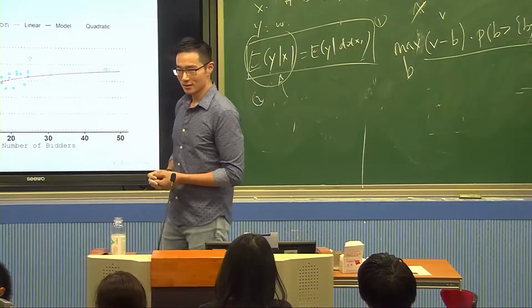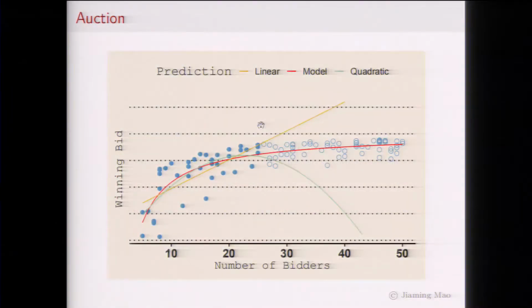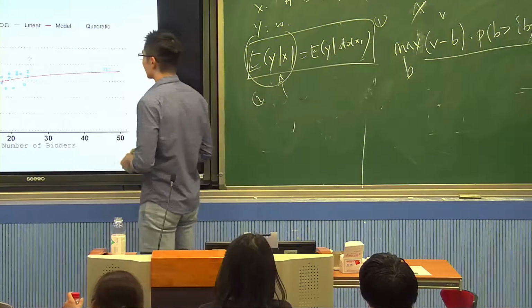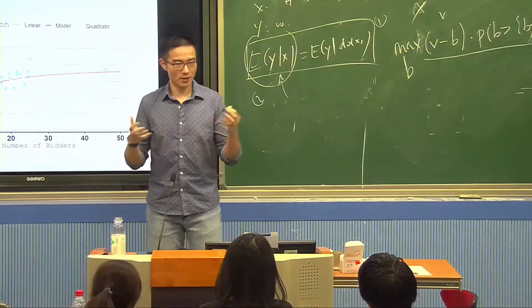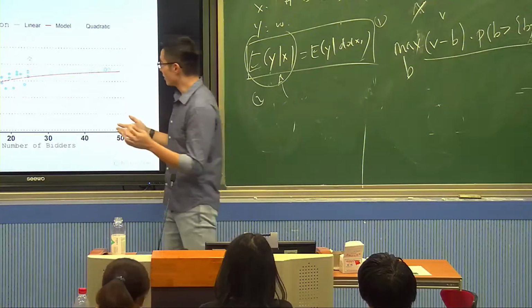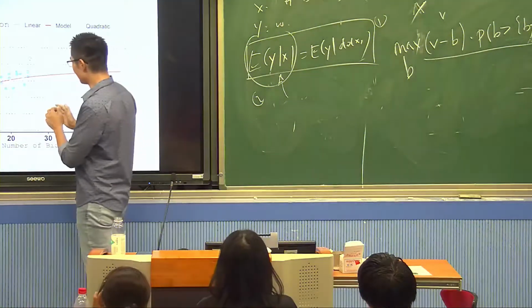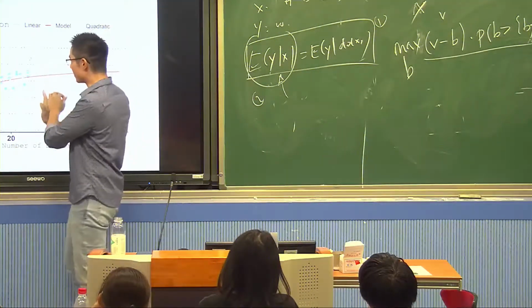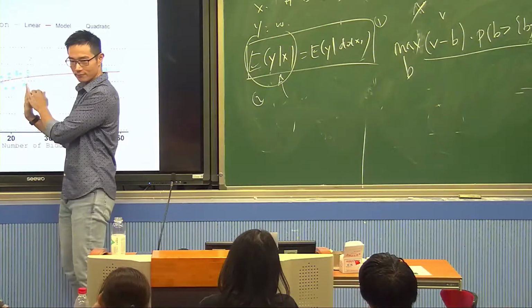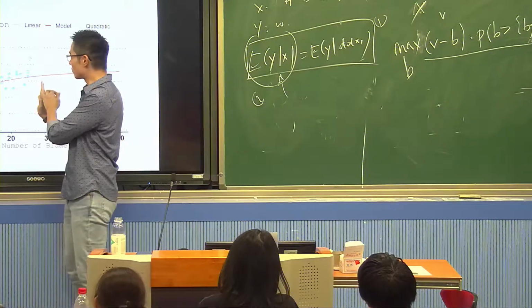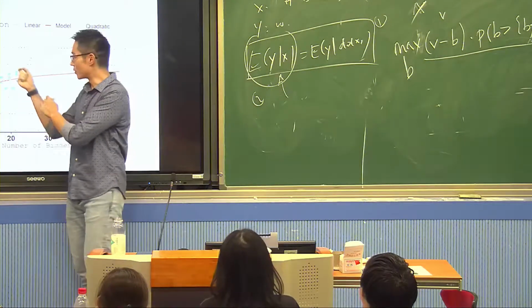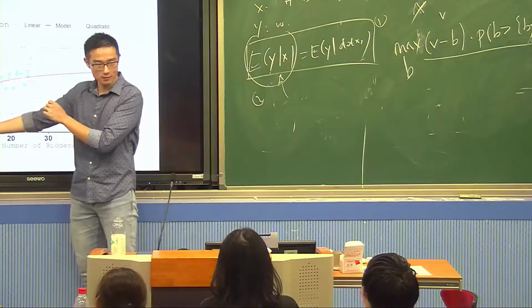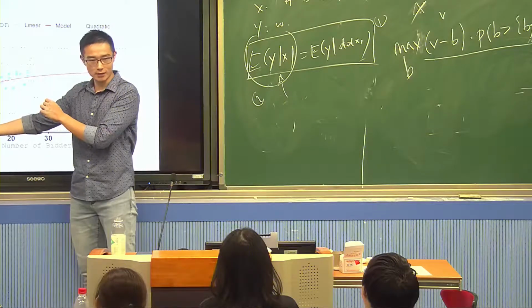Okay? So, two things about this, right? The first thing is, if we compare structural versus non-structural, if your only concern is making predictions within the range of your data, then you probably don't need to do structural. If you fit a good reduced form statistical model, it's probably going to give pretty good predictions.